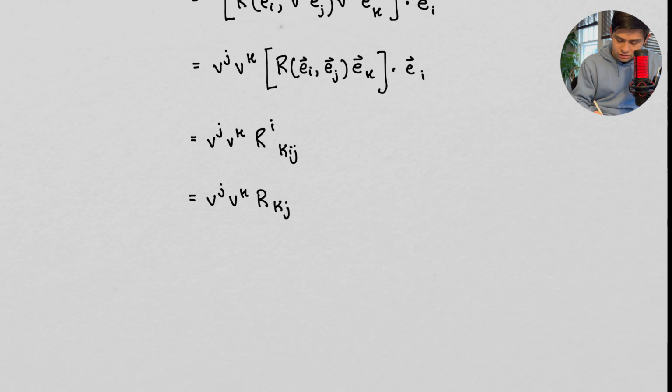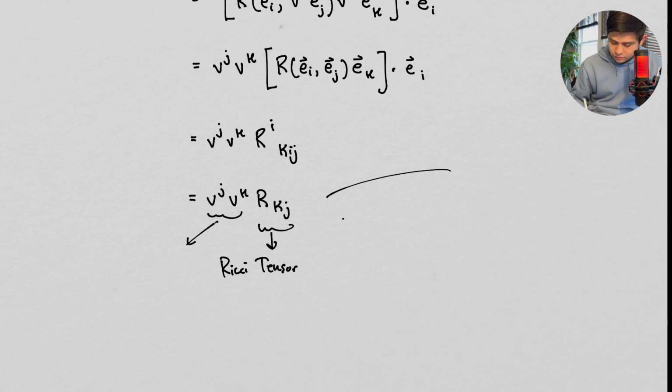So the Ricci tensor, and these are two input vectors. These are the two directions we go on our manifold, right? So, actually, no, wait.